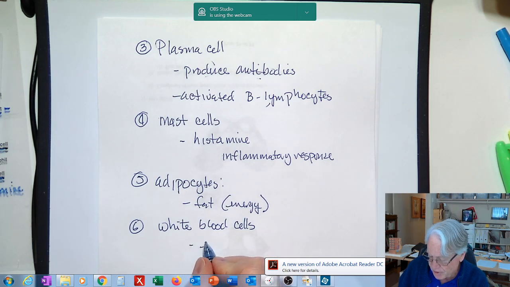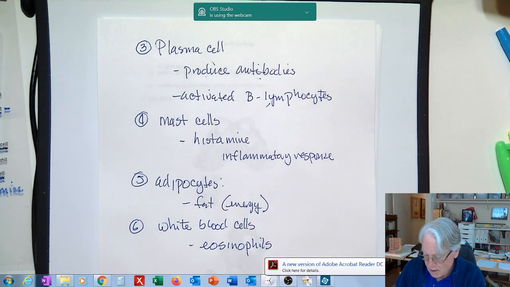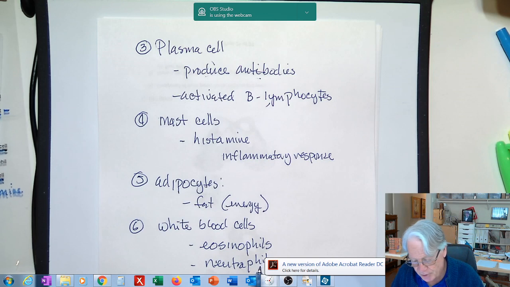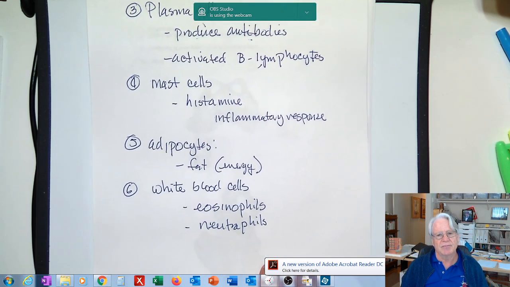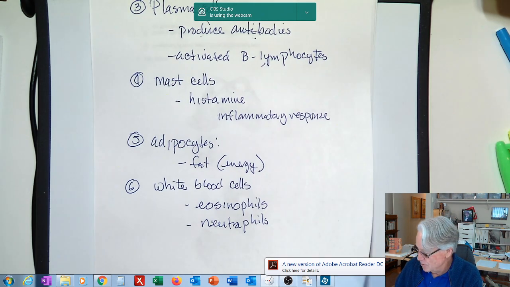And these can include things like eosinophils, neutrophils. These are all cells that we can find in connective tissue. And all of these are associated with the immune system. So all of them are in some way involved in the immune response. So those are your basic cell types that we find in connective tissue.